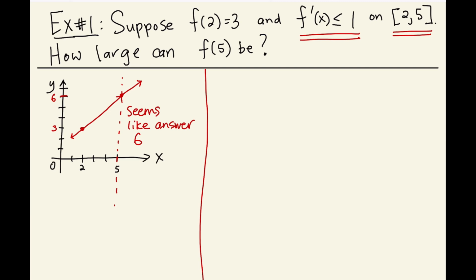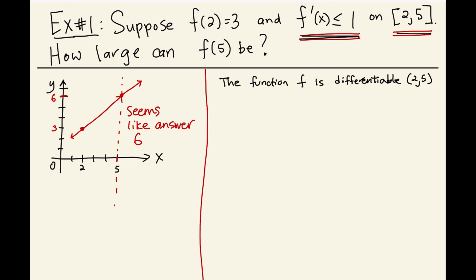The first thing I'm going to point out is that if we were told that f prime of x is less than or equal to 1, then we actually know that f prime of x exists on the interval [2, 5]. So the function is differentiable, in particular, on the interval [2, 5].